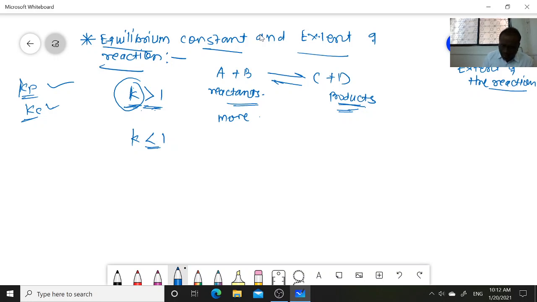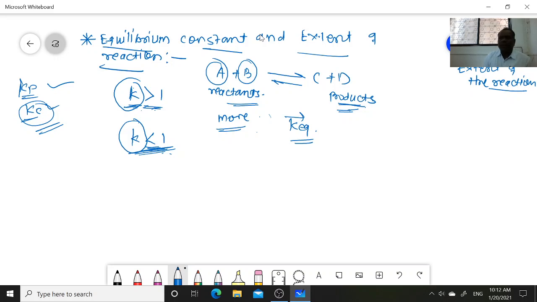Therefore, when we mix A and B, and after some time equilibrium is attained, if the value of K, that is Kc, the equilibrium constant, is less than 1, in that case some of the reactants are unreacted.